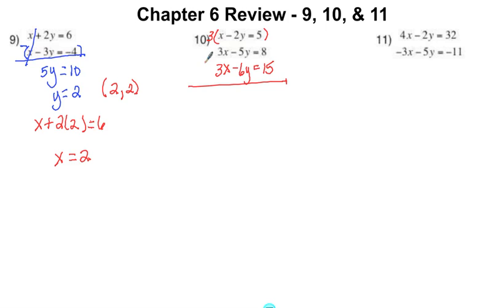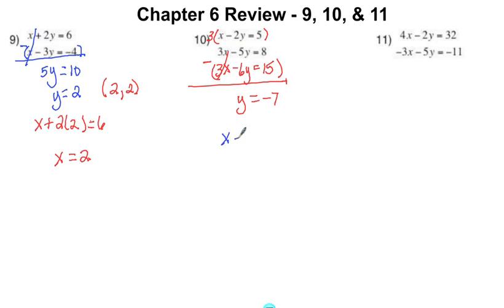And we're going to subtract since they are same signs. So we get 5 minus a negative 6y, so that's really plus, so I get y here, equals 8 minus 15, which is negative 7. So already done with solving, y equals negative 7. Then I'm going to plug it back into one of my originals. I'm going to plug it into the top one just because the numbers are smaller.